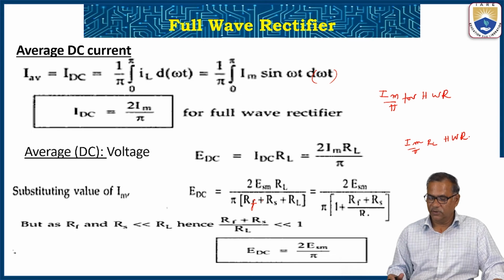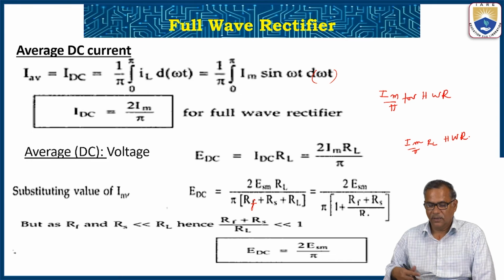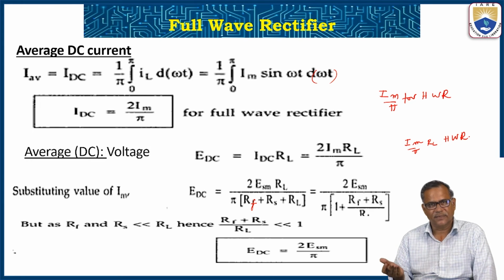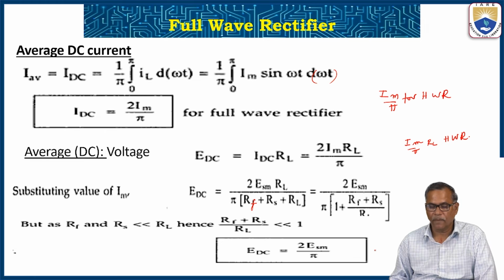That is equal to 2 Esm by pi into 1 plus RF plus RS divided by RL. So when the load resistance is much more than the forward resistance and the transformer secondary coil resistance, we simply write EDC as 2 Esm by pi.